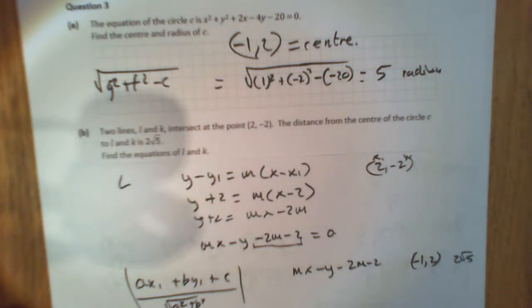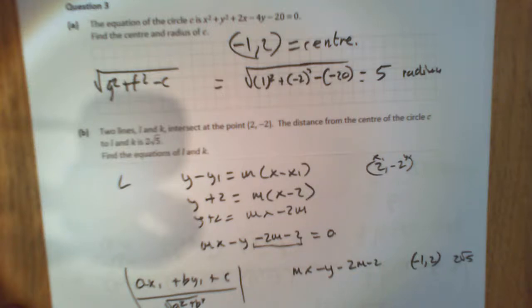So let's put it all together. 2 root 5 is equal to the absolute value. So a times x1, that's m times minus 1, plus b times y1, plus minus 1 times 2, plus c, in a bracket, what have we got here? Minus 2m minus 2.